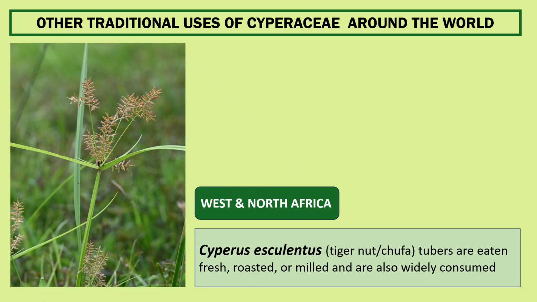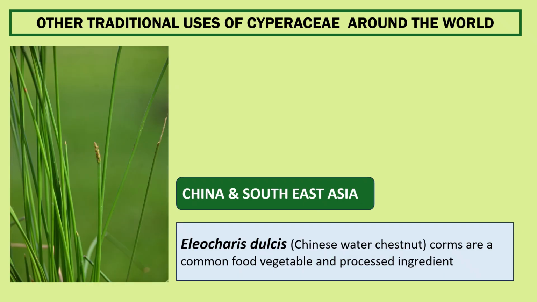And the next plant, Cyperus esculentus, like I said, the tubers are consumed fresh or roasted, or they are milled and then consumed as food in West and North Africa. Next plant is Eleocharis dulcis, or you call it Chinese water chestnut.